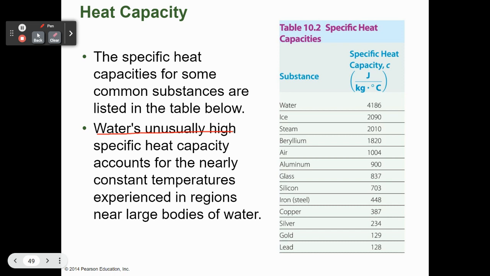Water, as you can see, has the highest heat capacity out of this list, and that's what accounts for water temperatures being nearly constant wherever you're at, especially in a large body of water. So the ocean temperatures don't change a whole lot with the change in the seasons.